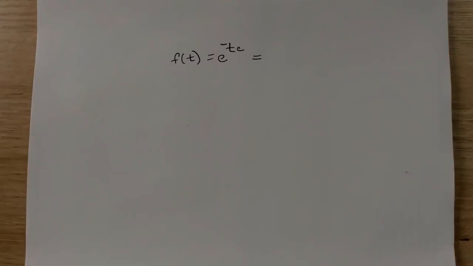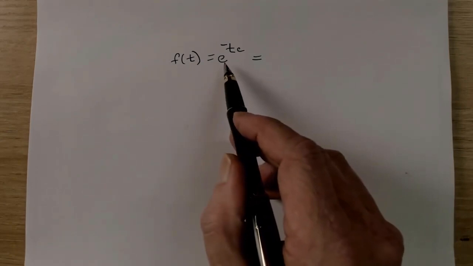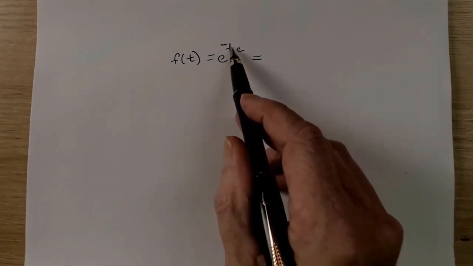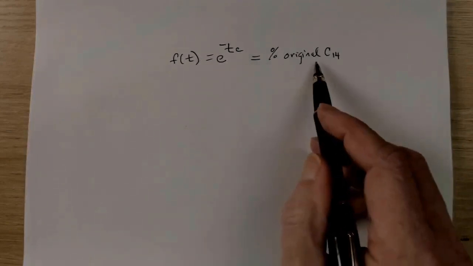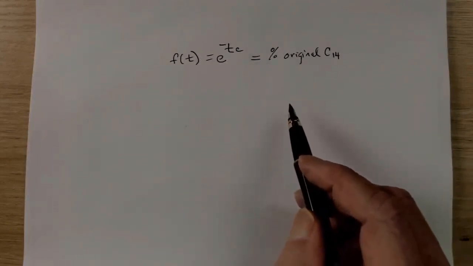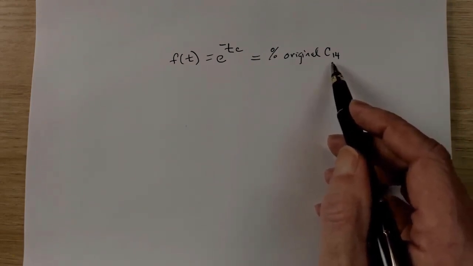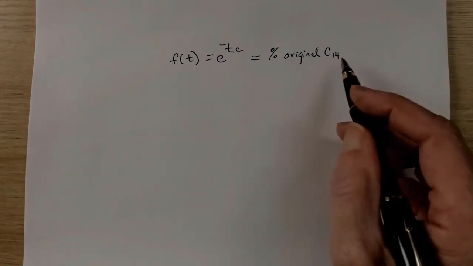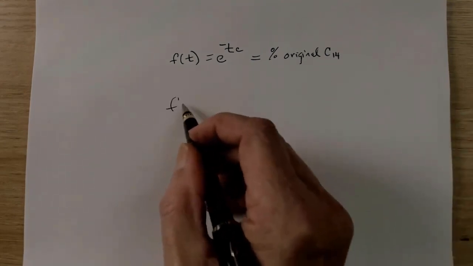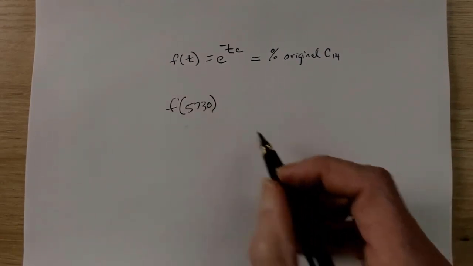Now here's the basic formula for figuring out radiometric dating. Given a certain amount of time, that means that e raised to the power of negative t times a constant will equal the percentage of the original carbon-14 in the sample. Now you can use any radiometric isotope in place of this carbon-14, but we'll use carbon-14 as the example. So the half-life of carbon-14 is 5,730 years.